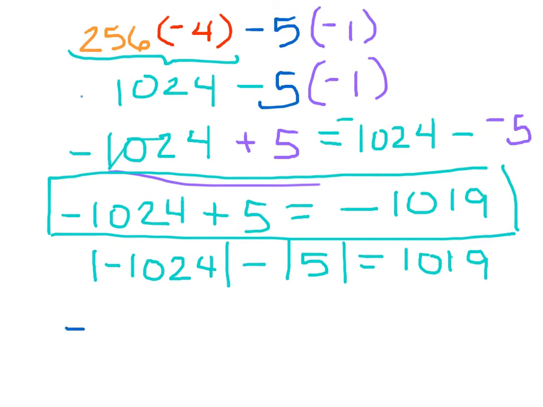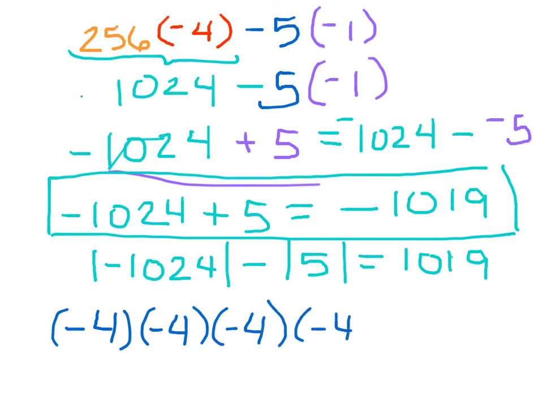If I have -4 times -4 times -4, and so on, I have an odd number of signs. So I have 1, 2, 3, 4, 5 negative signs, therefore I know my answer is going to be negative. If they were even, I would get a positive number, but since the number of signs here is odd, I know my answer is going to be negative.